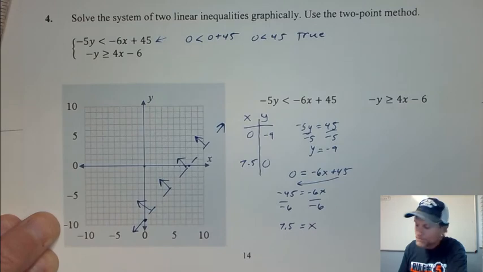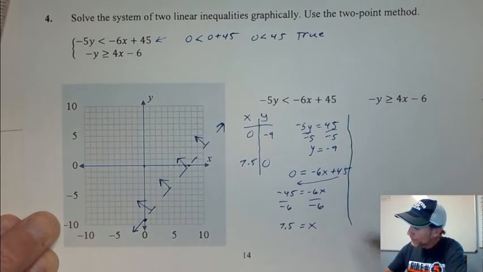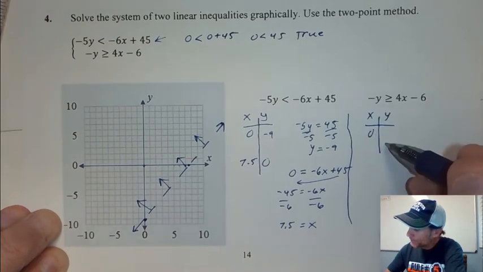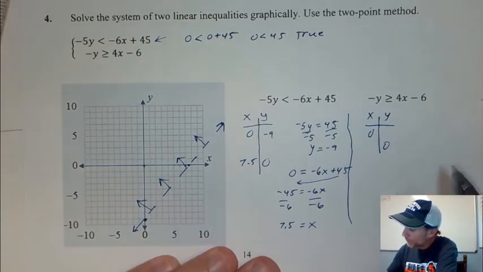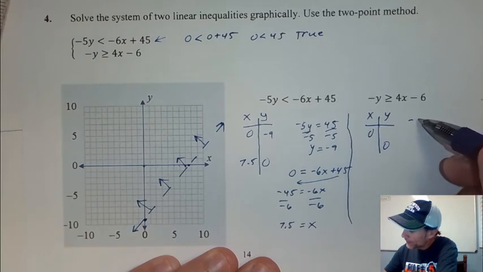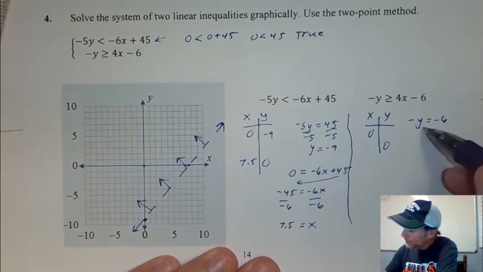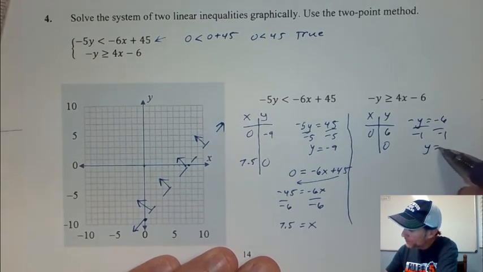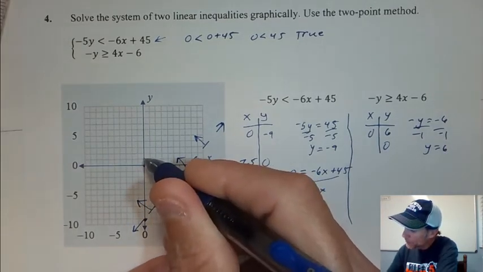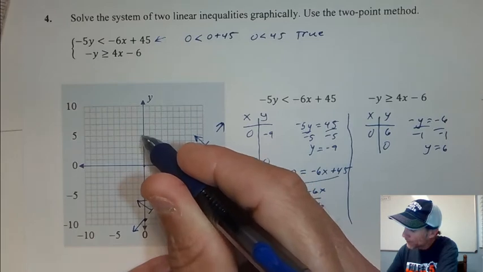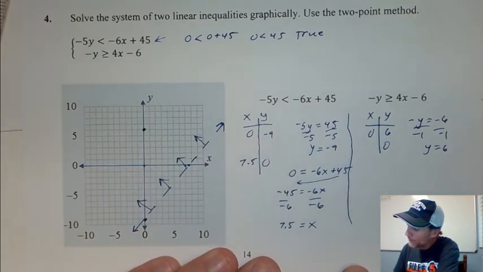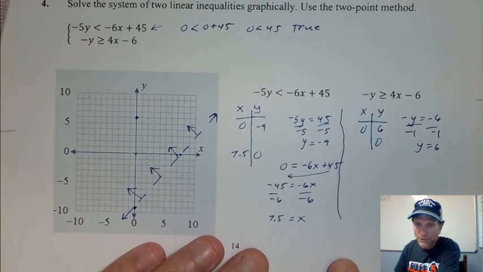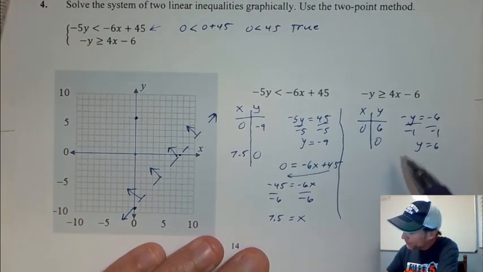Okay. Then looking at this last one here, again, I'm going to use the intercept method. So I'll put 0 in for x to start, and I have negative y equals negative 6. I get 0, 6. So 0, 6 is 1, 2, 3, 4, 5, 6, is right here. And then I'm going to put 0 in for y, and we have to be a little careful.